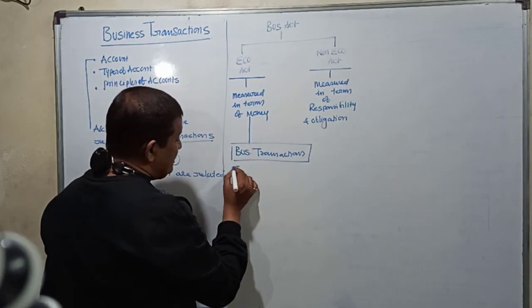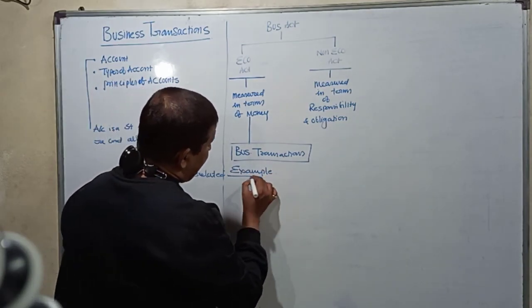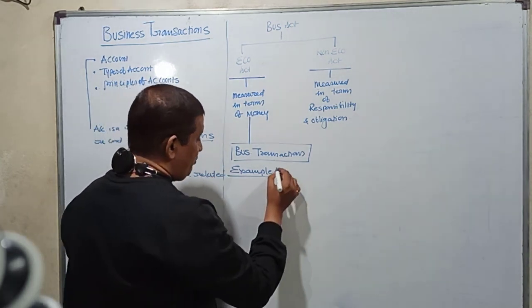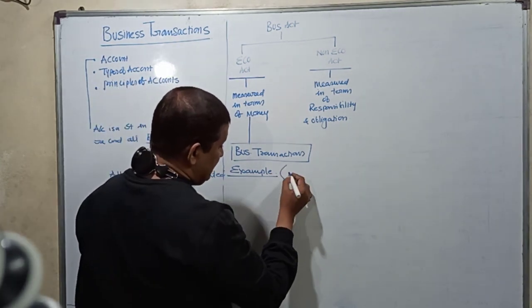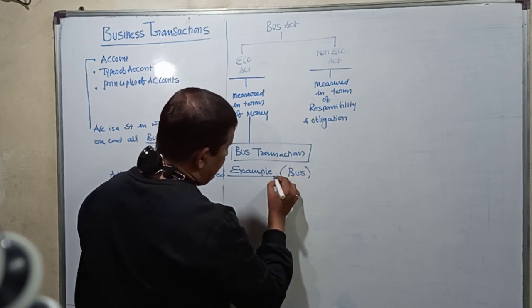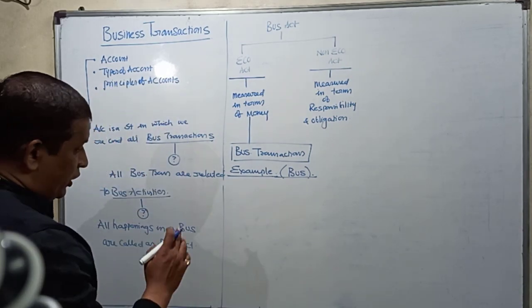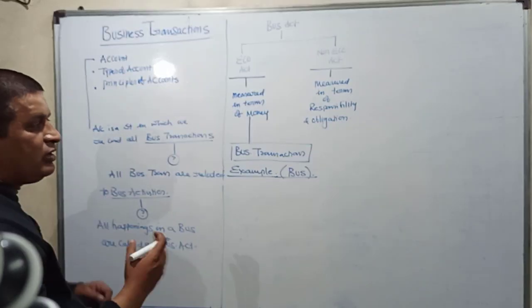Now let us take an example and understand. Suppose I have a shop and I have a business. What are all the happenings in the business? What are all the business activities?